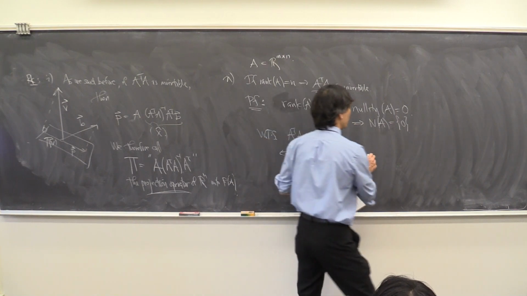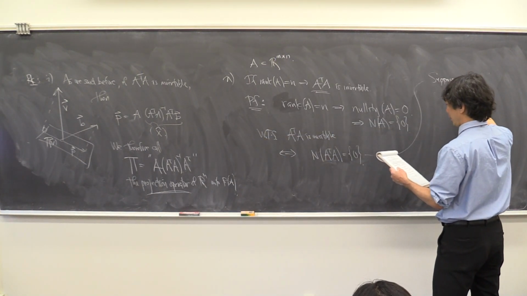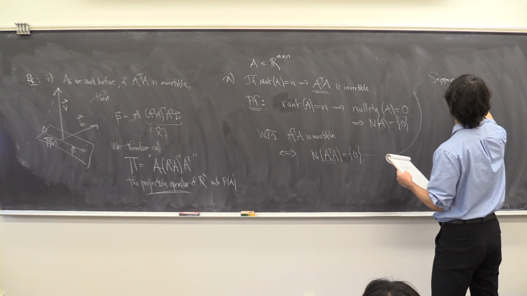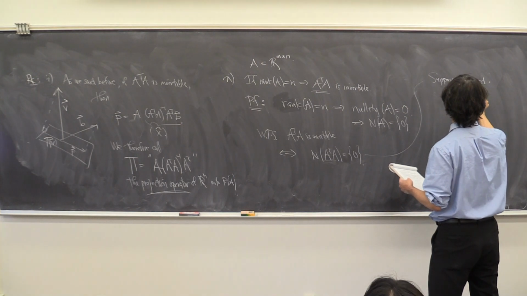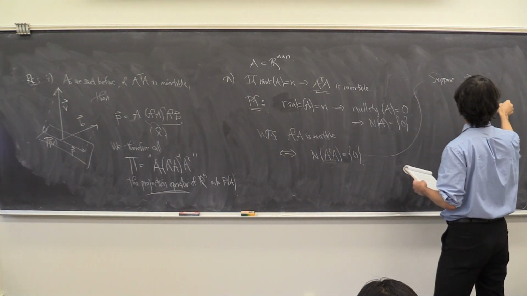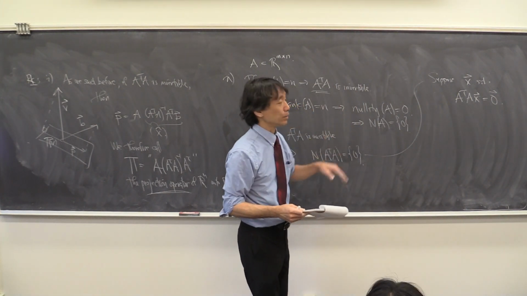So let's think. Suppose you have a vector x such that A^T A x equals 0. We're hoping that guy turns out to be 0.